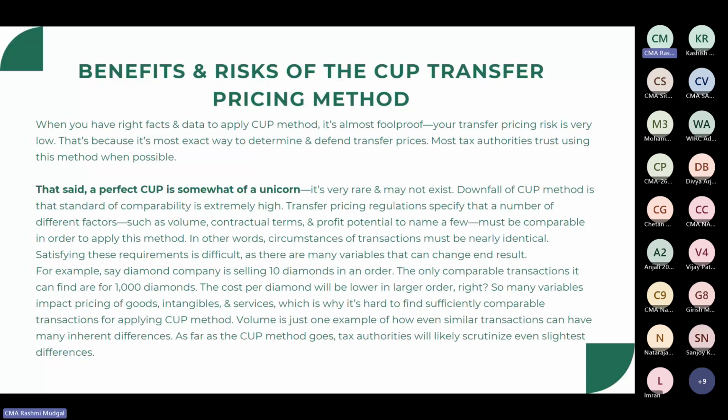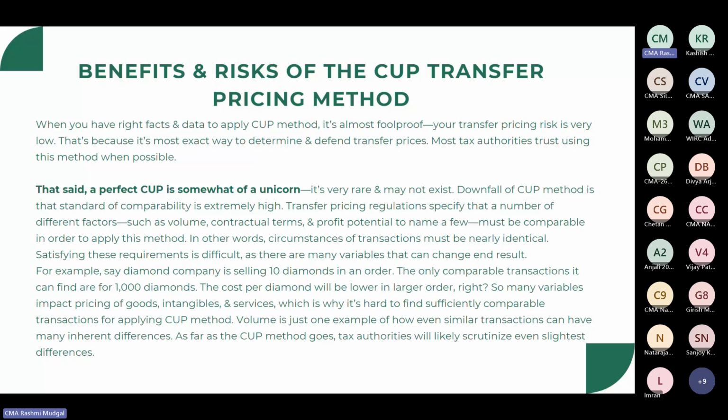The downfall of the CUP method is that the standard of comparability is extremely high, where you want to compare the volume, the amount, the related and unrelated party, the unit of measure you are taking, how many units you are selling. Quantity is there, quality is there, like kind is there. So these are very high standards which we are putting on the CUP.